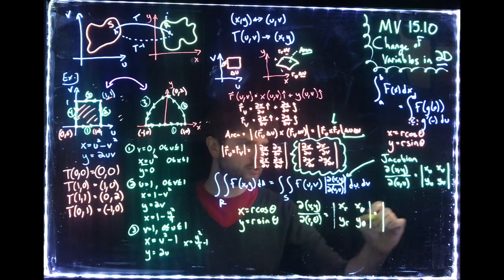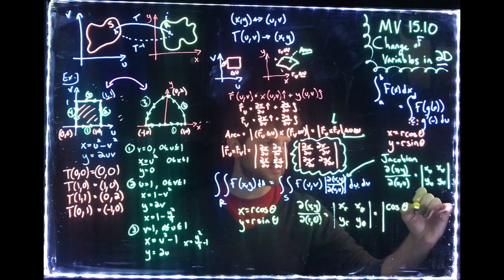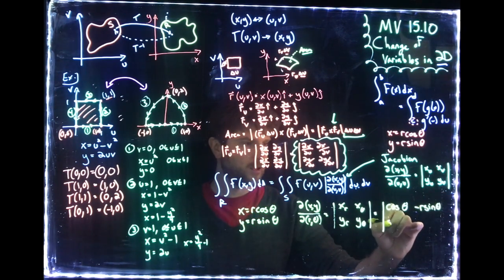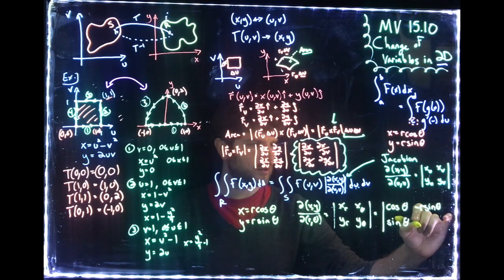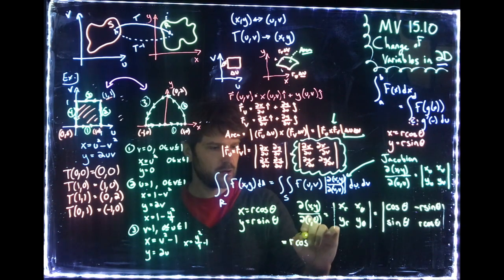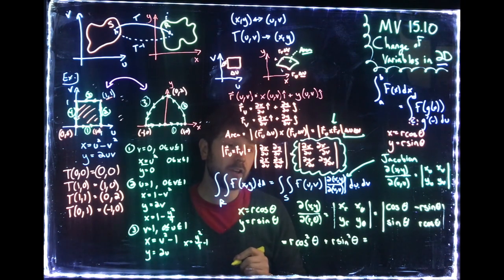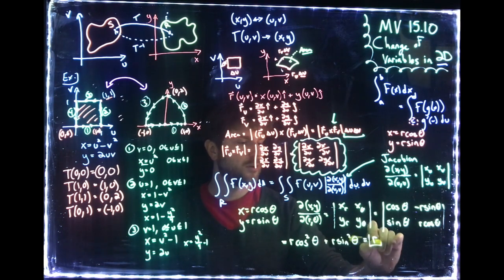The derivative of x with respect to r is cosine theta, with respect to theta is negative r sine theta. And then we get sine theta, r cosine theta. If I actually take this determinant, I end up with r times cosine squared theta plus r times sine squared theta, which is to say the Jacobian of the conversion from xy to polar is r.